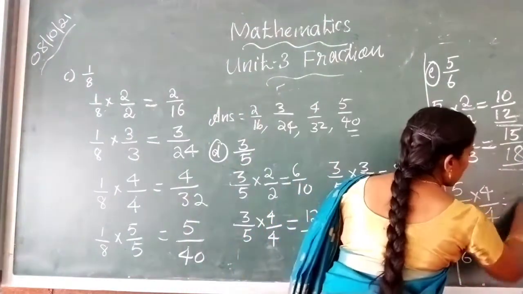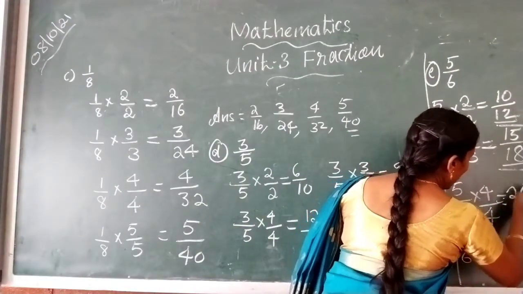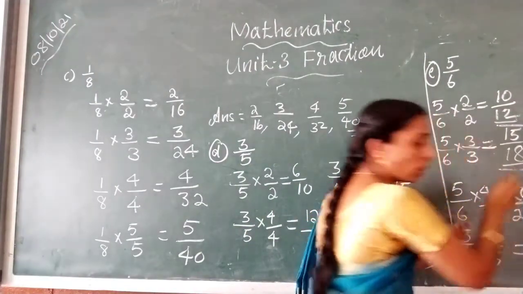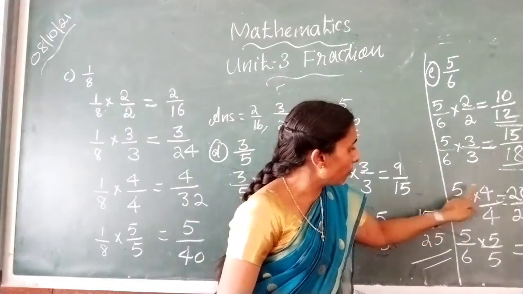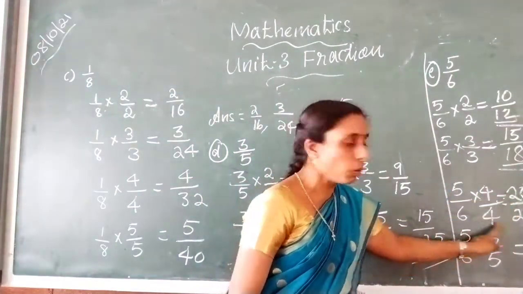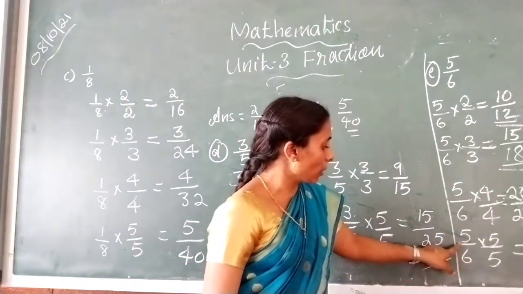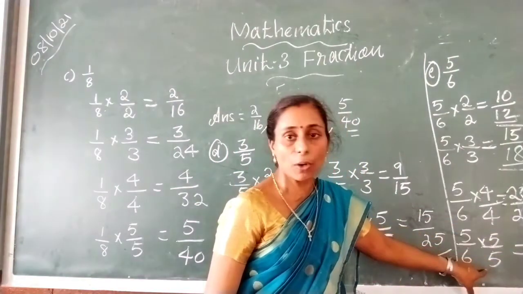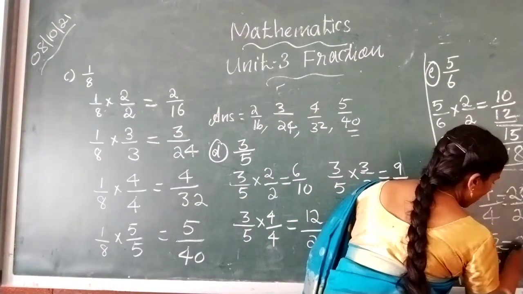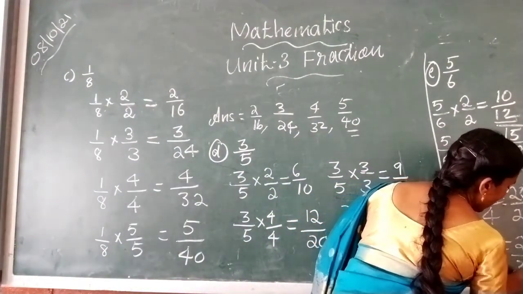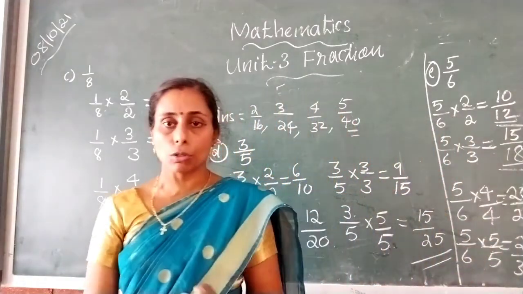Here the answer is 20 upon 24. How have we got 20 upon 24? 5 4s are 20, 6 4s are 24. Next one, 5 upon 6 multiplied by 5 upon 5. 5 5s are 25 and 5 6s are 30. This way we have to do it.